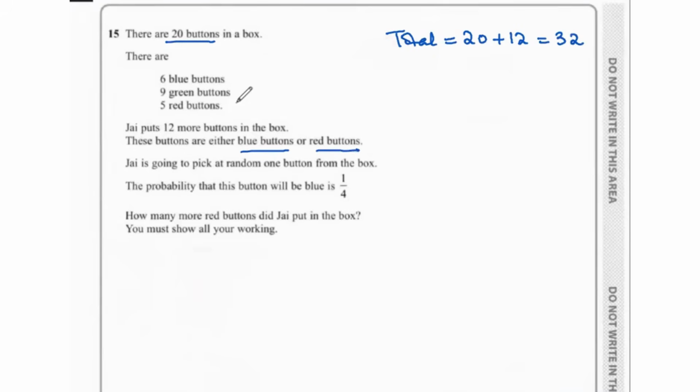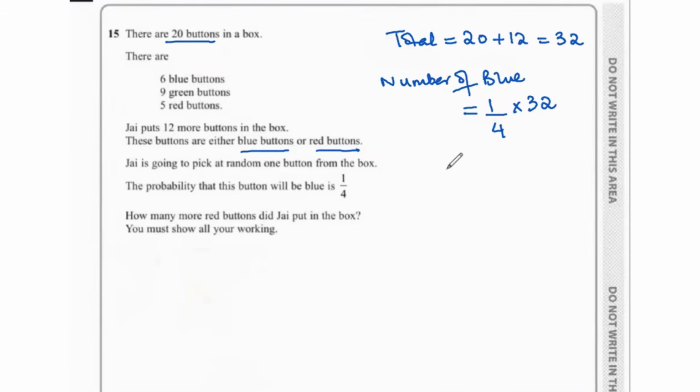So if the probability of blue buttons is given as 1 over 4, we can figure out the number of blue buttons by multiplying 1 over 4 with the total number of buttons now, which is 32. Because they've said that the probability of getting the blue button now, after the new buttons have been added, is 1 over 4.